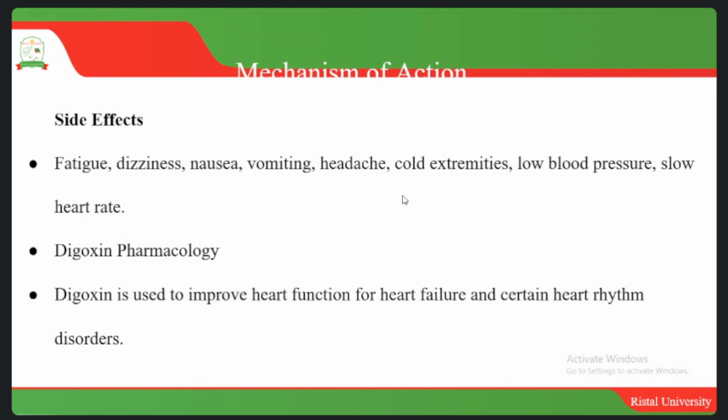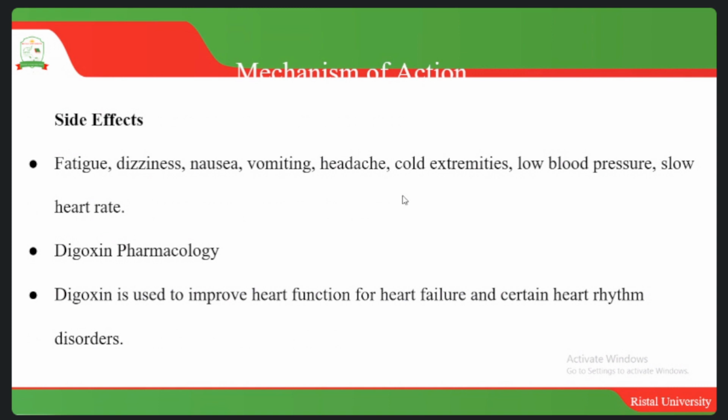The side effects: it causes fatigue, dizziness, nausea, vomiting, headache, cold extremities, low blood pressure, slow heart rate. Then you can find a patient coming and telling you, I'm having a headache. You think it is high blood pressure, and it is actually the effect of the drug.